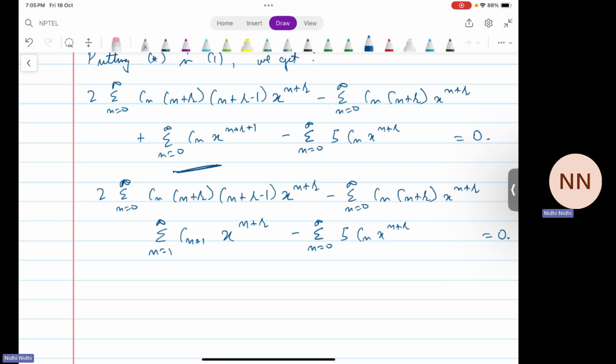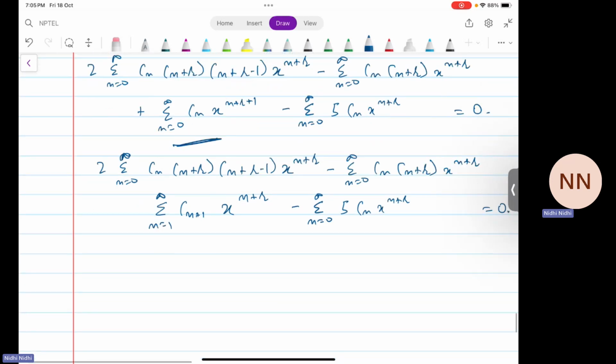Now, taking out the term corresponding to n equals to 0 from this series so that we can club the rest of the things. From here we will get 2c naught r(r minus 1) x to the power r minus c naught r x to the power r minus 5c naught x to the power r plus summation n from 1 to infinity.